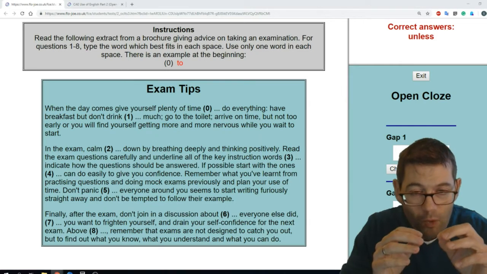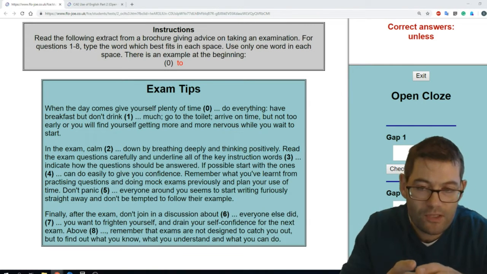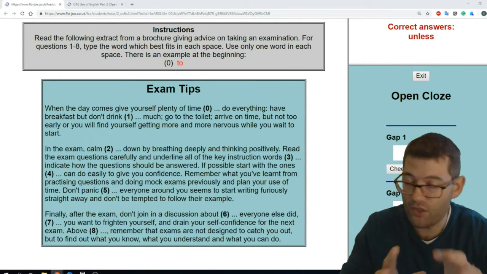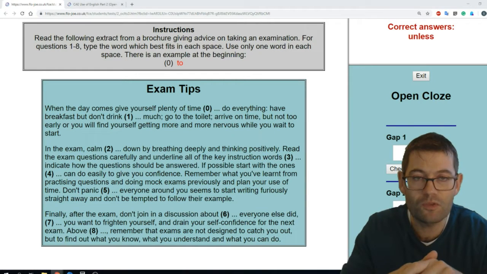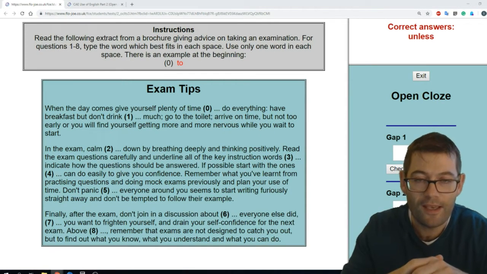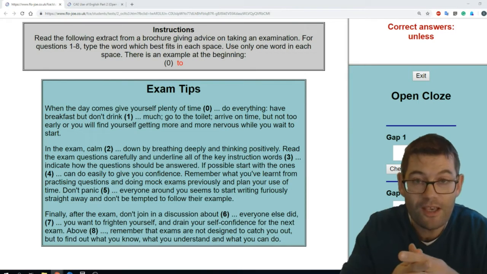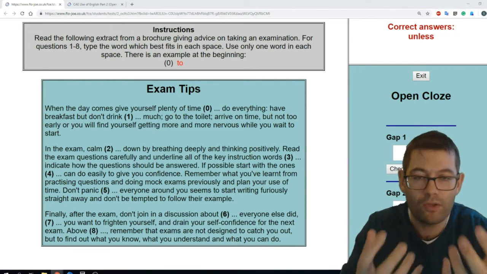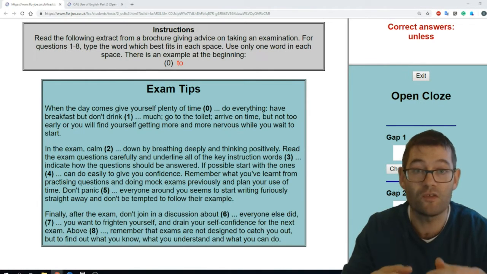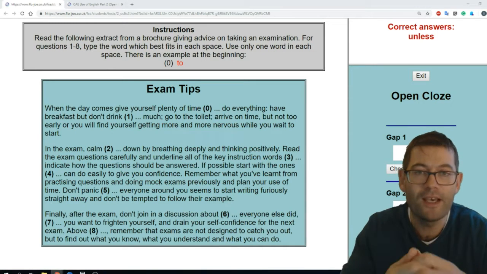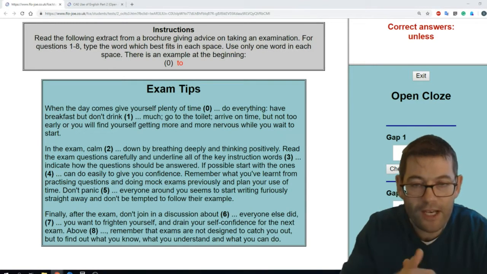And when I was teaching in language schools, this particular question, at FCE and CAE, was one of the most hated questions because it was one of the hardest questions, because it really tested your whole knowledge of English in terms of structure, in terms of grammar, in terms of your vocabulary as well.